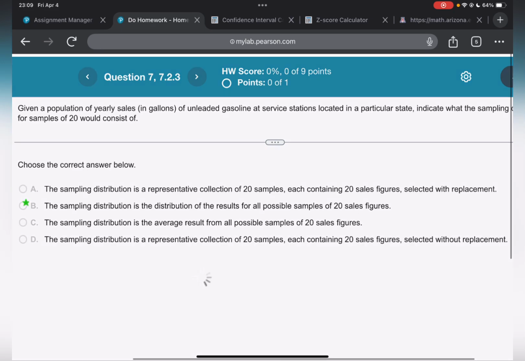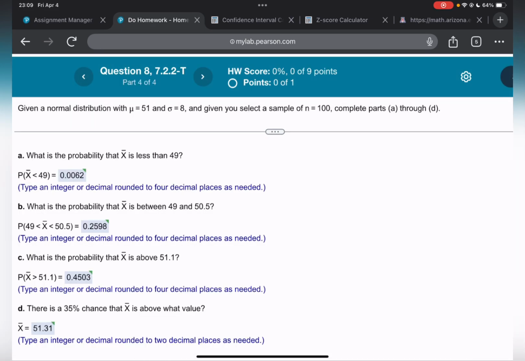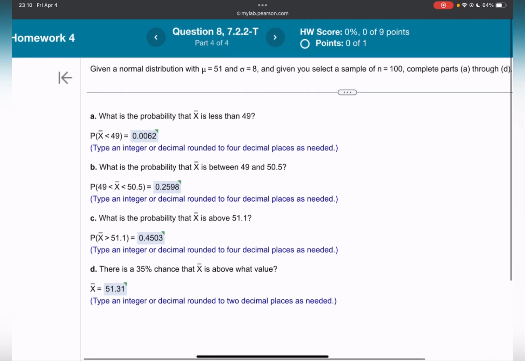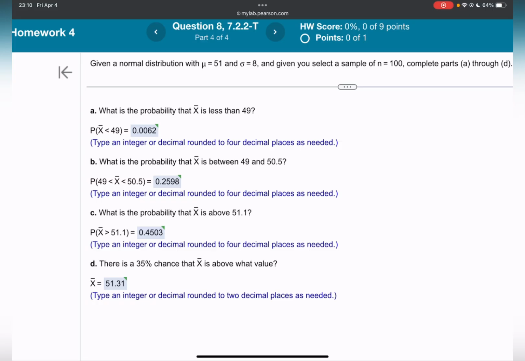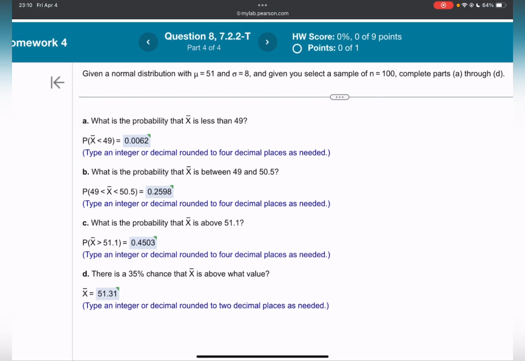Okay, number 8. Number 8 I'm not going to do anymore because it's exactly the same problem as we did with number 6, right? So you can look at how I did number 6 and you do number 8. It's the same question. Okay, and last question, number 9.